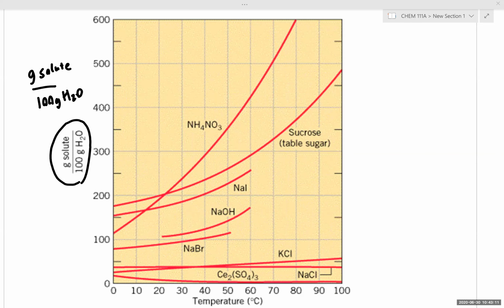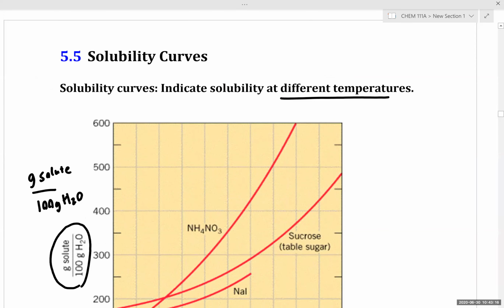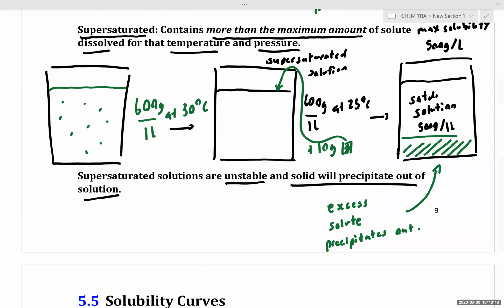Yes. So to answer the question in the chat on supersaturated solutions, just going back to the figure, yes. Anything that can dissolve within your maximum solubility to make a saturated solution will dissolve at that temperature and pressure. Any additional solute added will not dissolve.